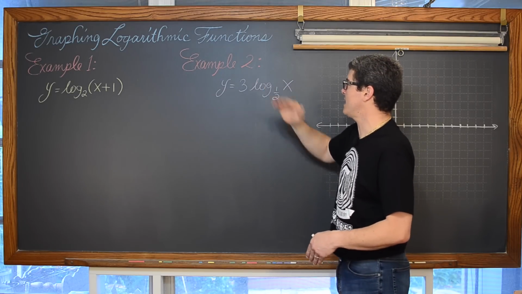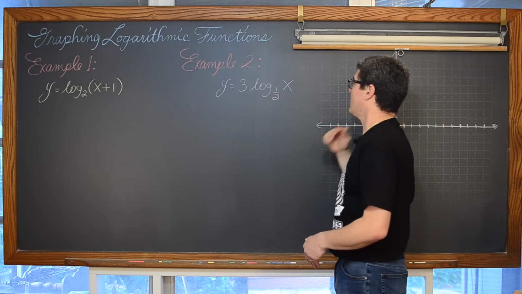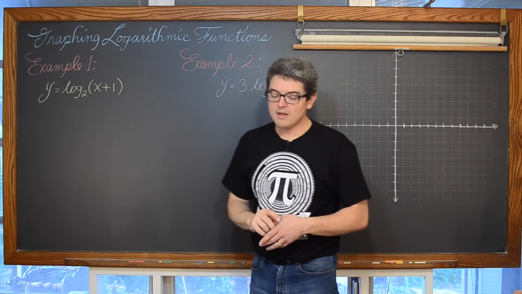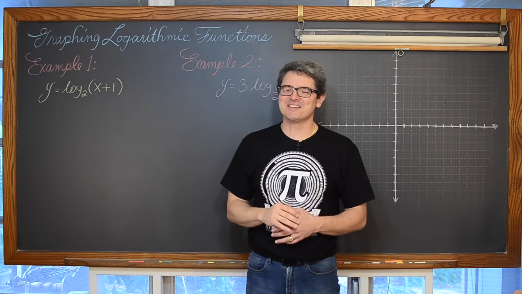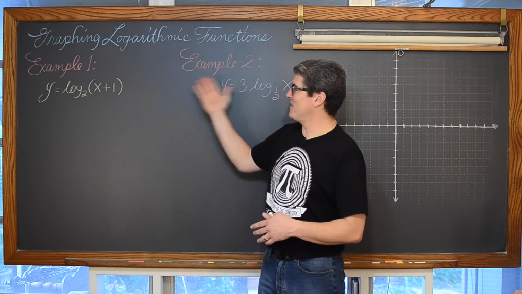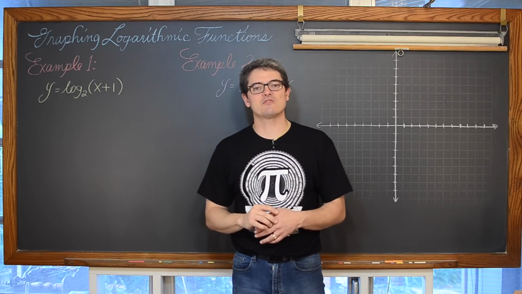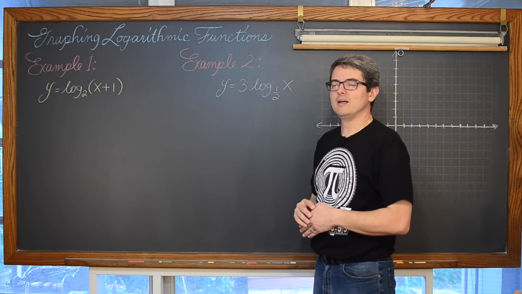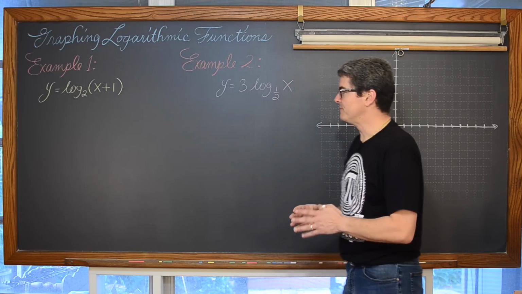What happens when there's a leading coefficient or a plus at the end, or maybe there's so many transformations involved in the equation that your sketches based on just transformations and knowing what the parent function looks like ends up being a little bit rough.